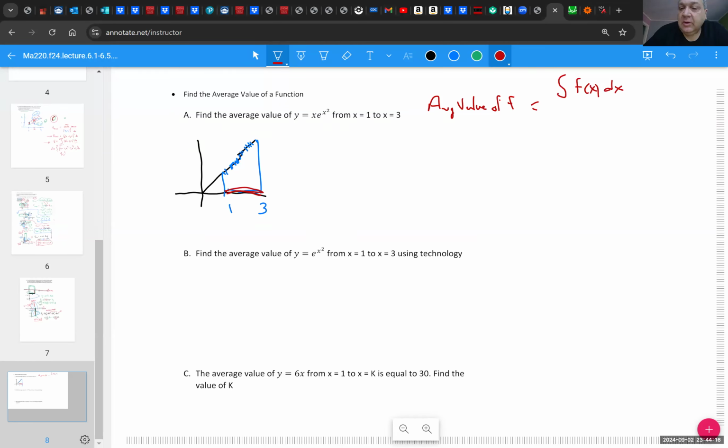That's called an integral. We're going to do it for every single rectangle, or in this case, every single little slice from 1 to 3. That's adding up all of the y values. And then we divide by the number of y values, the length of the interval, which is just 3 minus 1, or 2. Remember, to find the distance between two numbers, you just subtract.